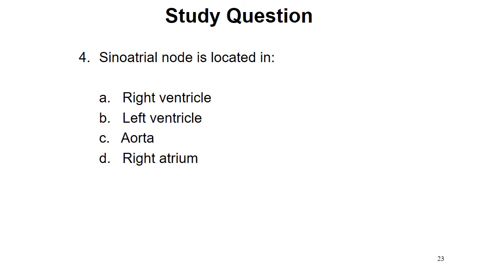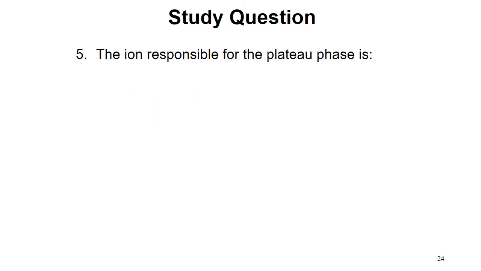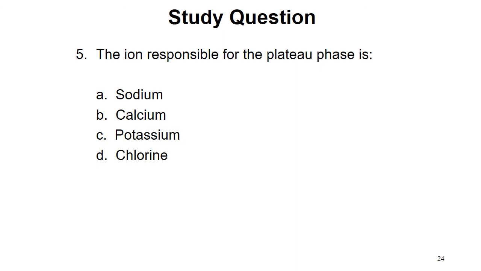The SA node was part of the conduction system of the heart. It's where the blood flow began, so letter D, right atrium. The ion responsible for the plateau phase is sodium, calcium, potassium, chlorine. B, calcium.